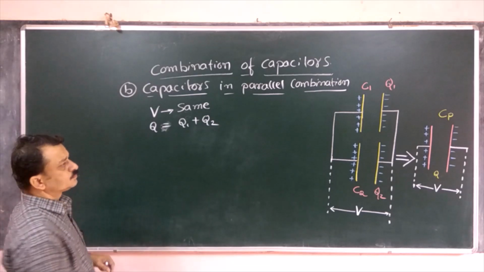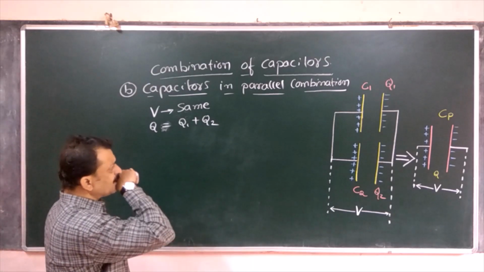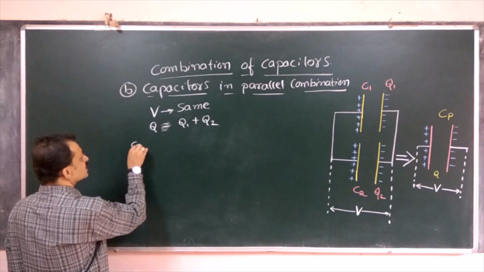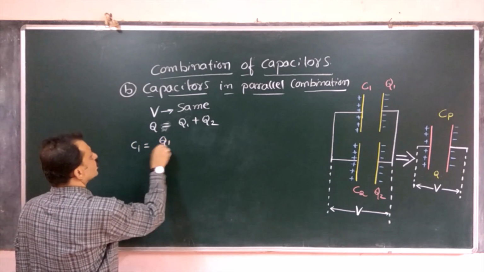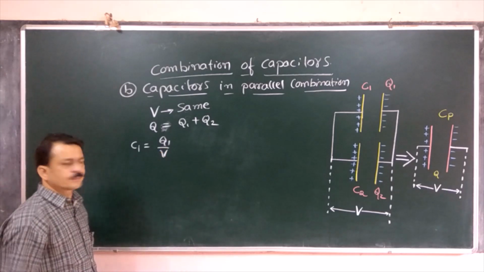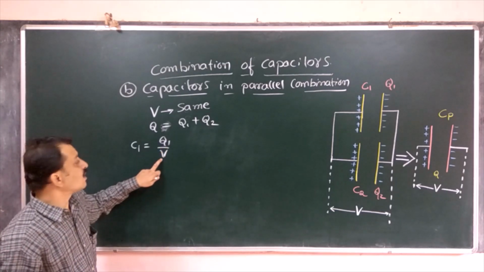Now since we have applied a voltage, the capacitance of the first capacitor is given by C1 is equal to Q1 divided by V, because V is common.